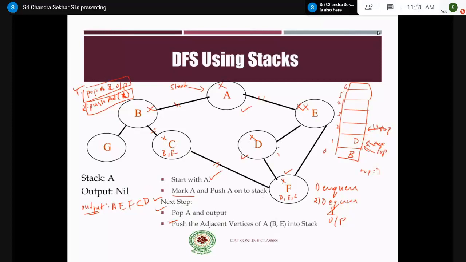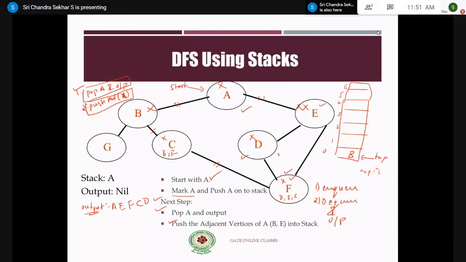And you push the adjacent vertices of D. The adjacent vertices to D are E and F. They are already processed, already visited. Therefore nothing to push, right? So you remove it, and here is my top.